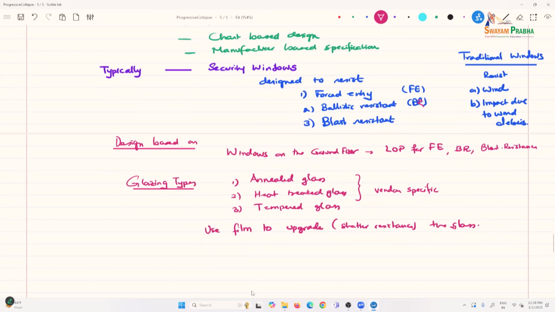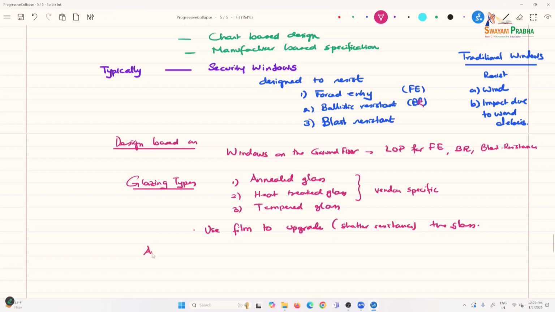The films themselves ensure integrity of the glass. I have seen in special applications, if you are protecting equipment and things like that, a catch cloth or something like that right behind.